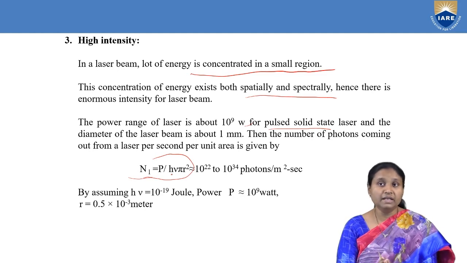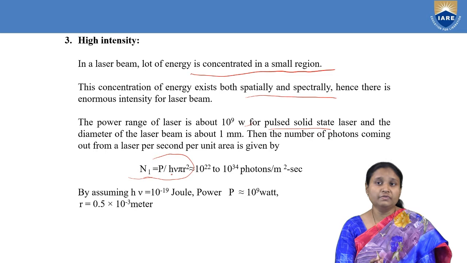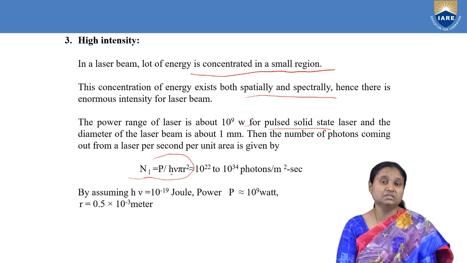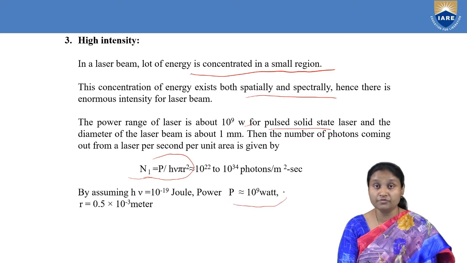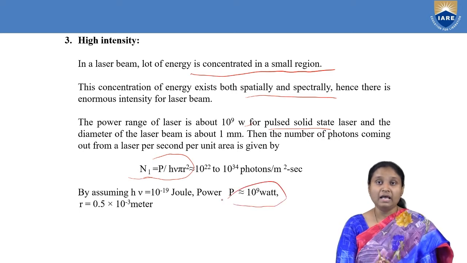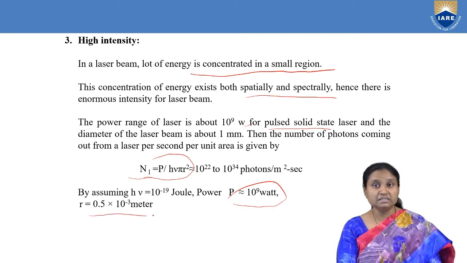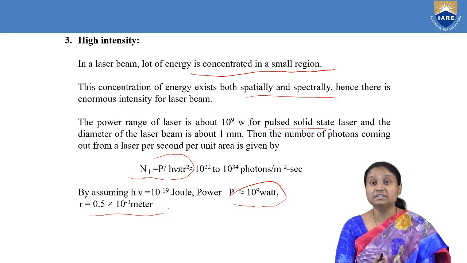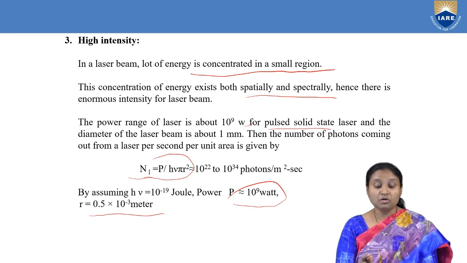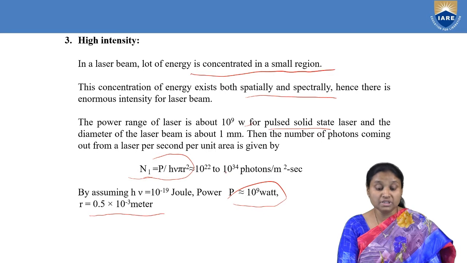Of course, we were talking about this pulsed solid state laser. In case of the pulsed solid state laser, which has this power of 10 to the power of 9 watts, if we consider the diameter of the laser beam, which is around 1 mm, and if we take its radius as 0.5 into 10 to the power of minus 3 meters, then we'll observe how many photons are emitted per unit area per second.